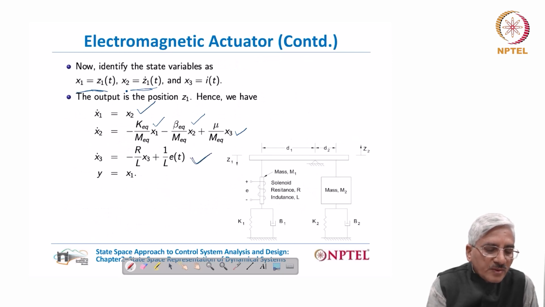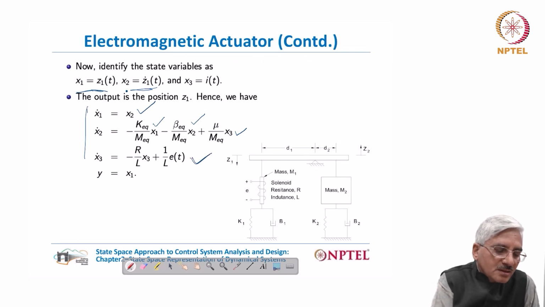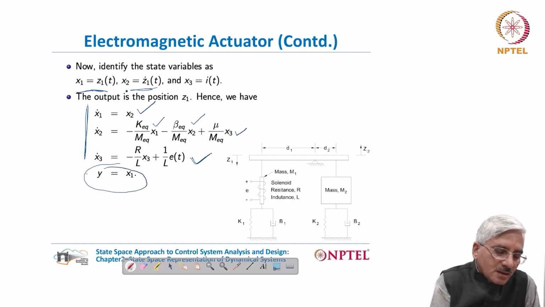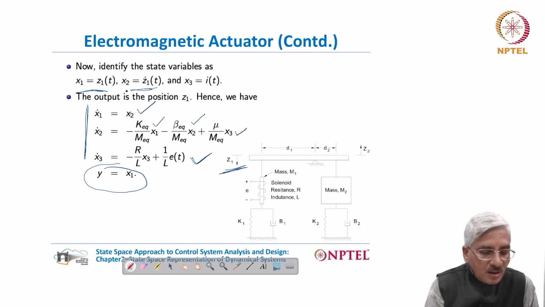So we have these three equations making the state equations. And the output we are interested in is the position Z1, so y is simply x1.